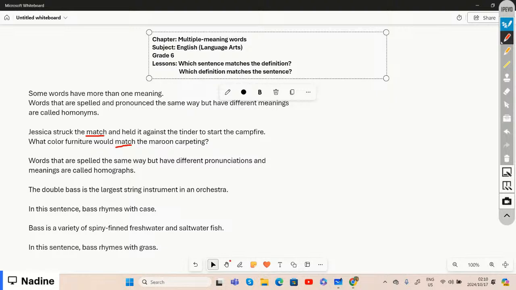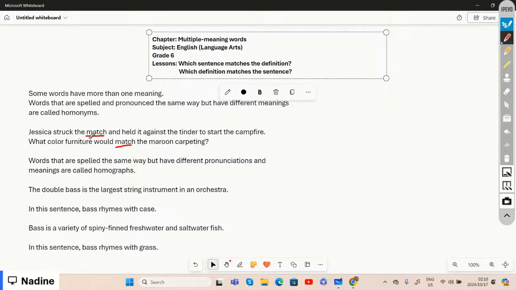That is why if you look in a dictionary, like last time when we did dictionary skills, within a dictionary you will have your word and all the different meanings of that specific word. So, for example, match. The first match has to do with a matchstick, where you light something.